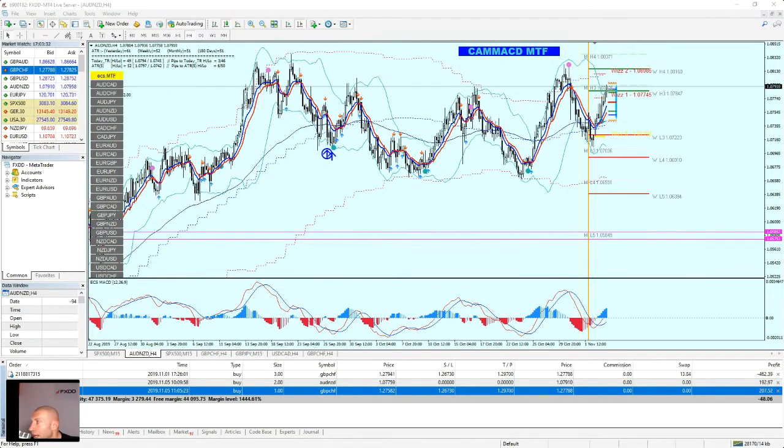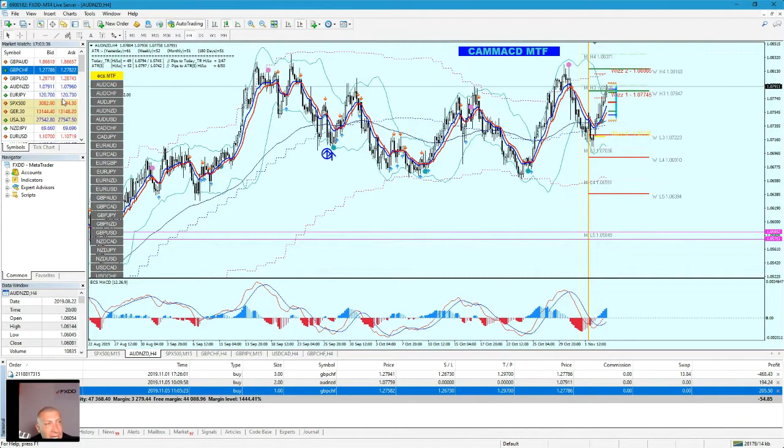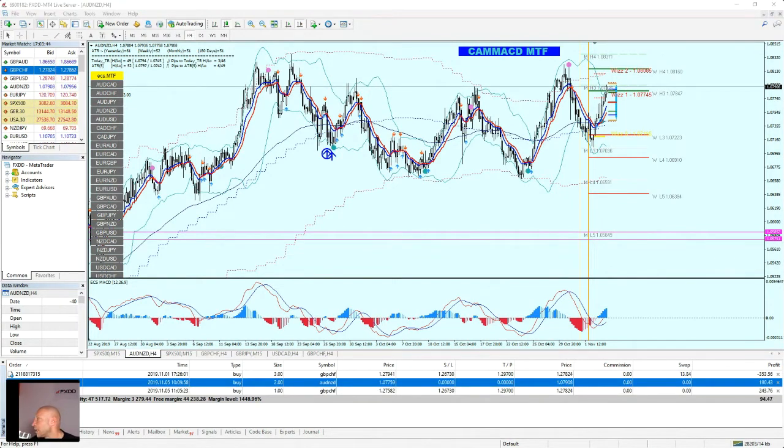On the Australian dollar New Zealand, my stop loss is 0.720, with a 5 pip spread, so it's 0.715. Okay, 0.715 is my stop loss, and the target for this move is potentially 0.830.